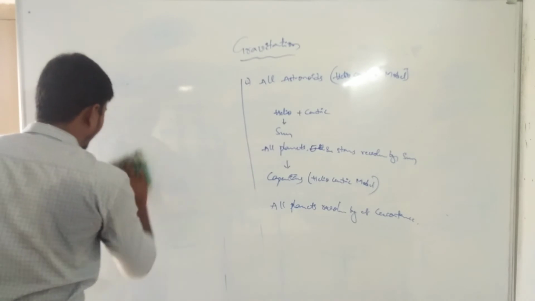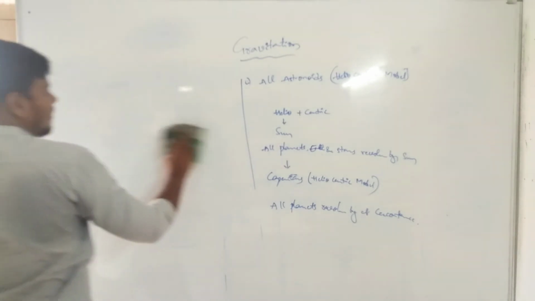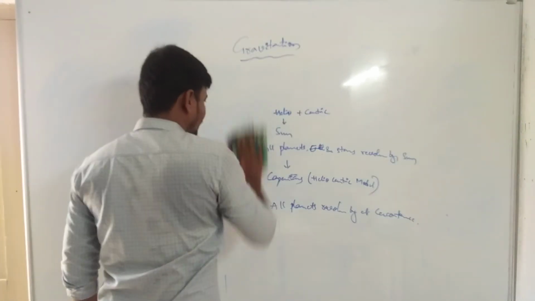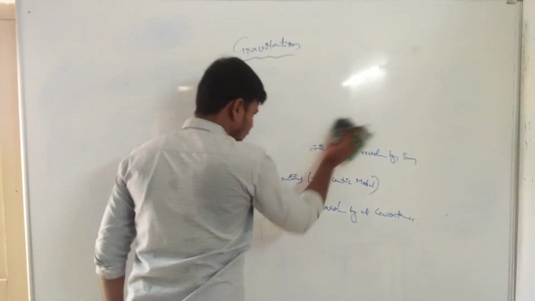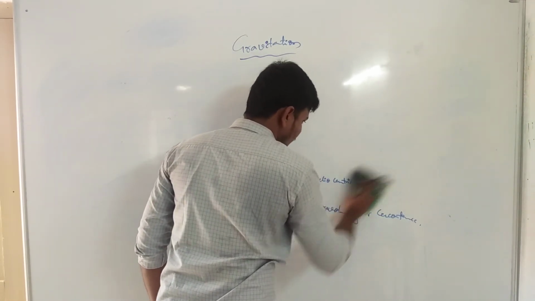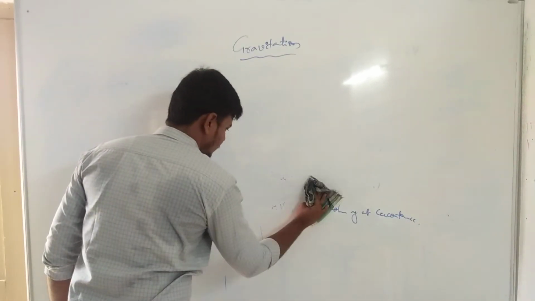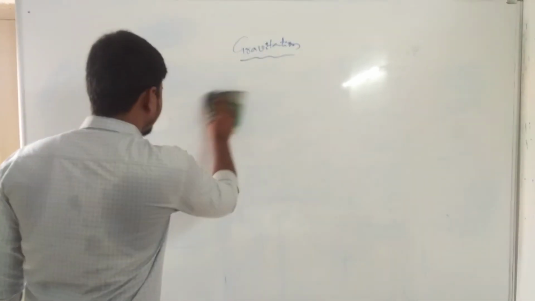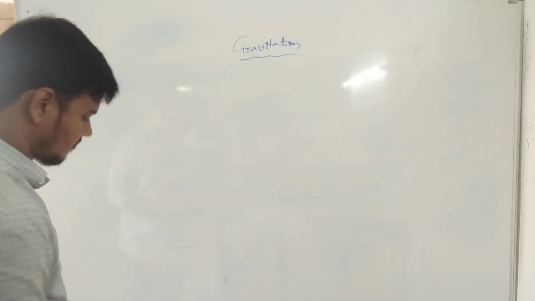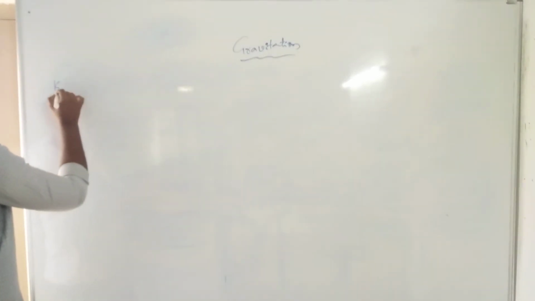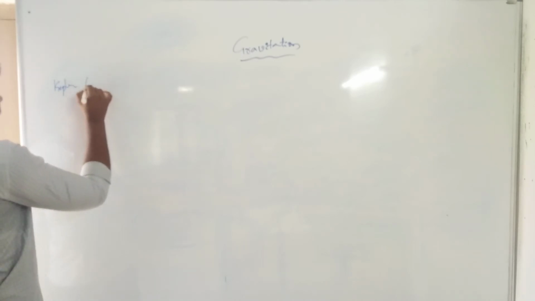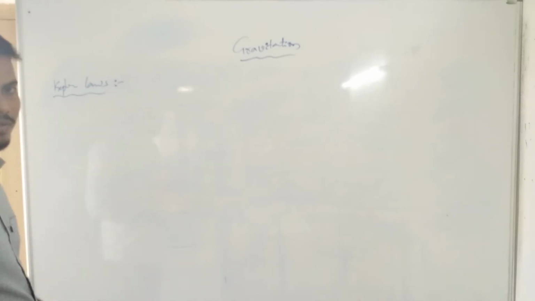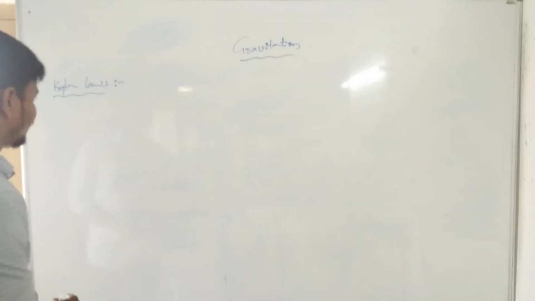The first one is the law of orbit, then the law of area, and the last one, the law of period. Okay, now we are going to Kepler's laws.